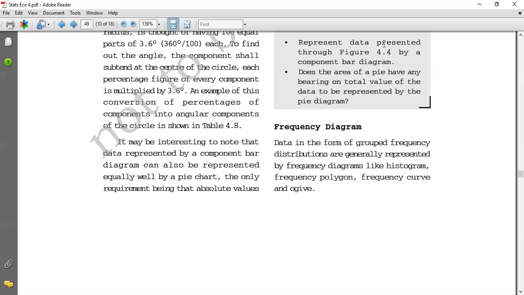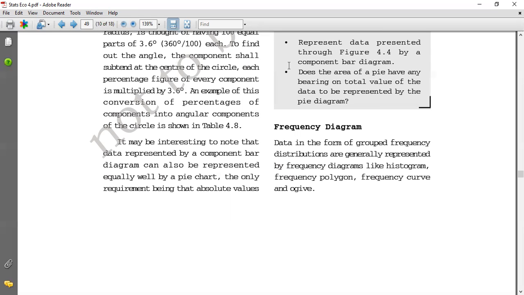The class limits or the mid values are taken along the x-axis and frequencies along the y-axis. The most common graphs used in frequency distribution are the line frequency graph, frequency diagram, histogram, frequency polygon, frequency curve, and ogive or cumulative frequency curve.